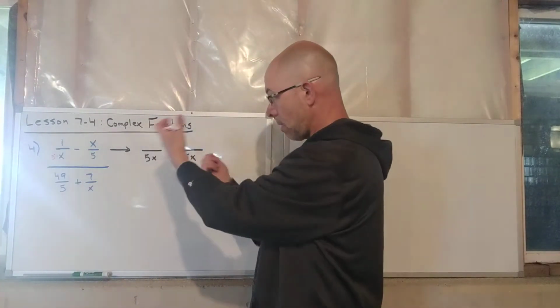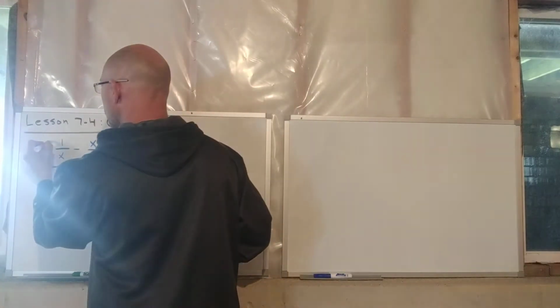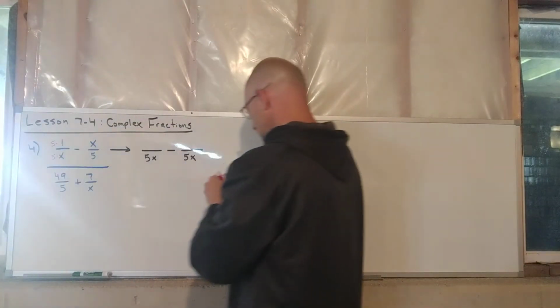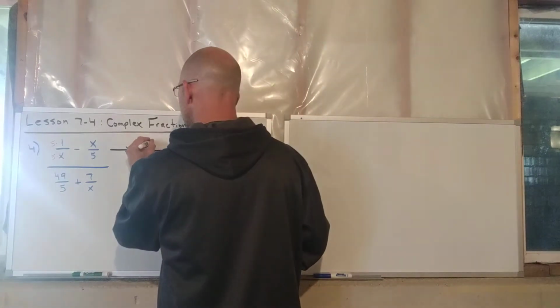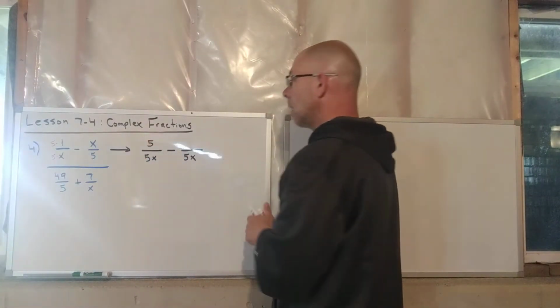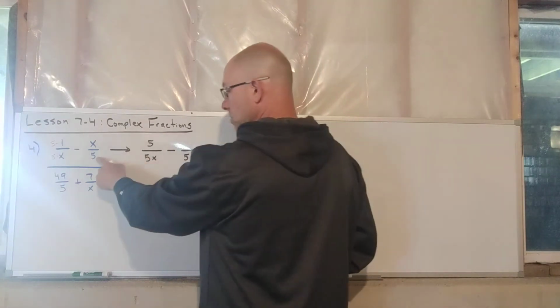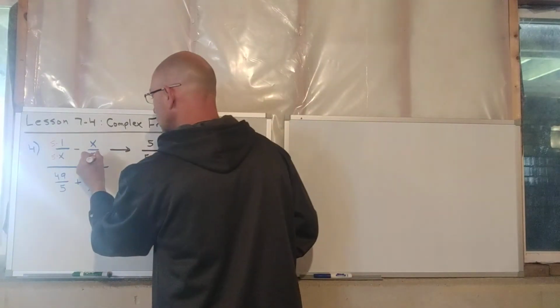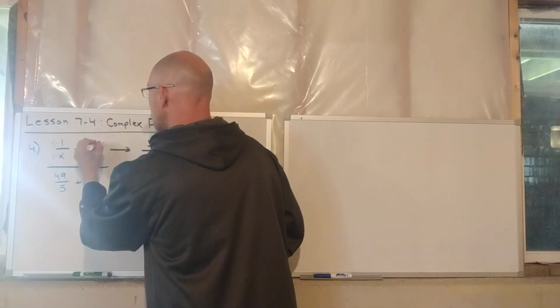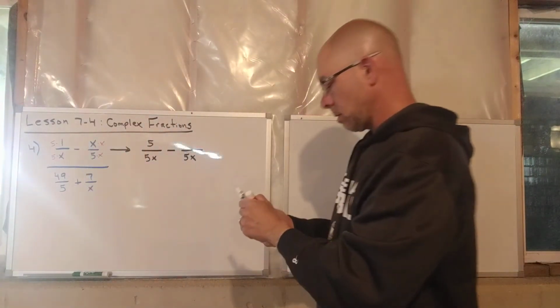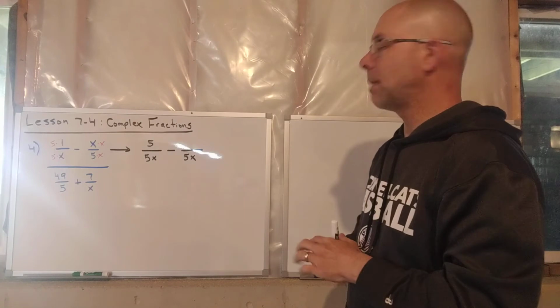Times 5. That makes the 5x, so you do times 5 up here, and that makes that numerator 5. 5 times 1 is 5. And then this, how did this 5 become 5x? Well, times x. So we do this times x, which in turn becomes x squared.